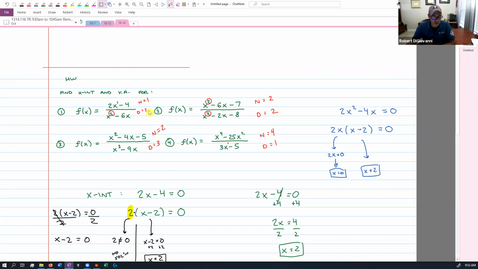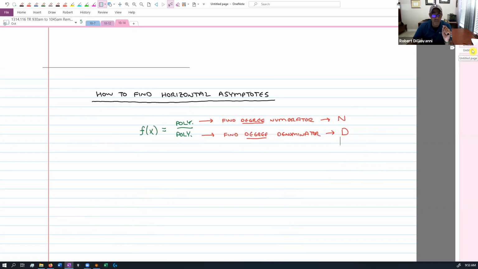Look at this one, the numerator is smaller than the denominator. Here, they're the same. Here, the numerator is bigger than the denominator. But those are the only 3 possibilities. Those 3 scenarios will dictate exactly what happens.